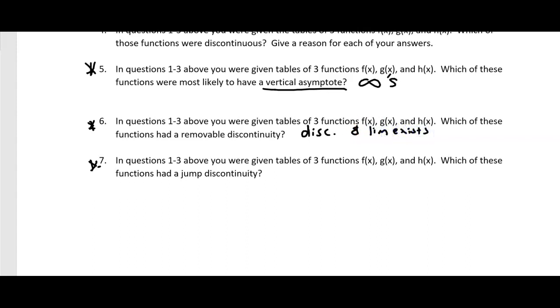And how can you tell if it's a jump discontinuity? Because the limit from the left doesn't equal the limit from the right, but they both exist. Okay, and so that's how you can tell when you're looking at these types of discontinuities on a table.